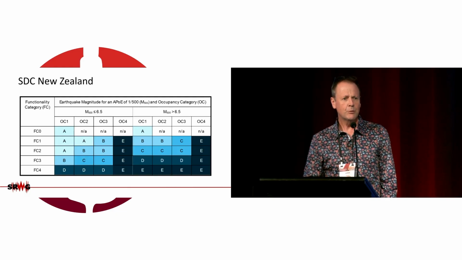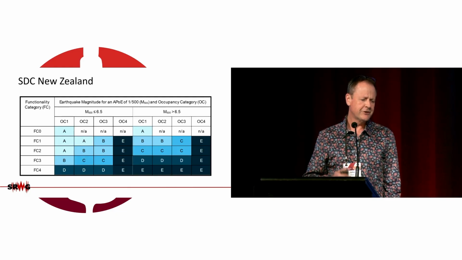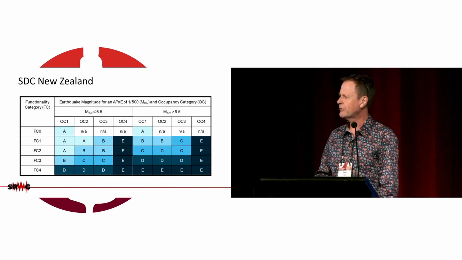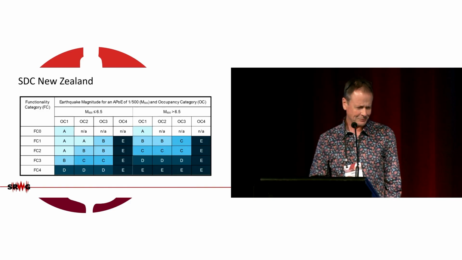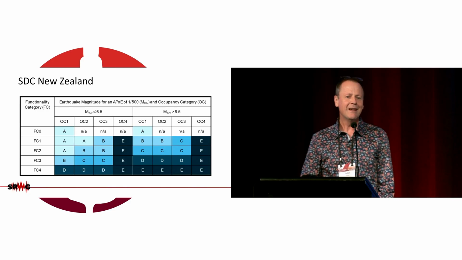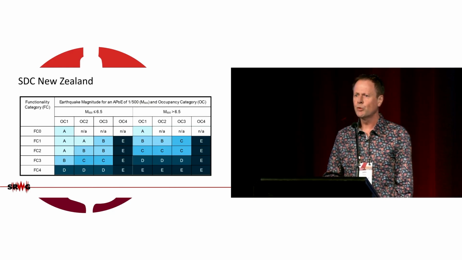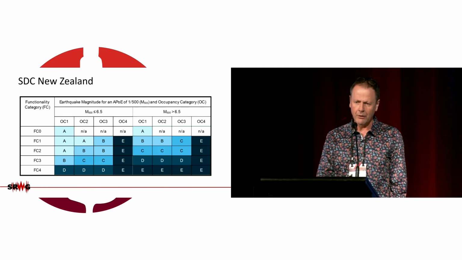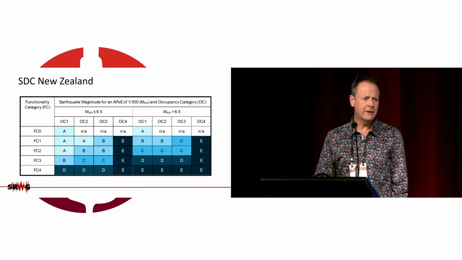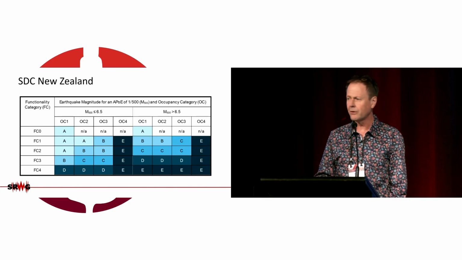And so once again, with the proviso that you don't take this too seriously, don't take photos of it, and certainly don't show it to anyone else, this is what we're planning. And so the seismic design category will be a function of, on the one axis, the functionality category, on the other axis, the occupancy category.